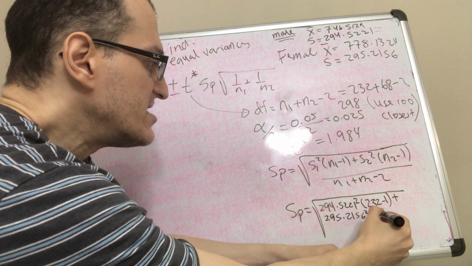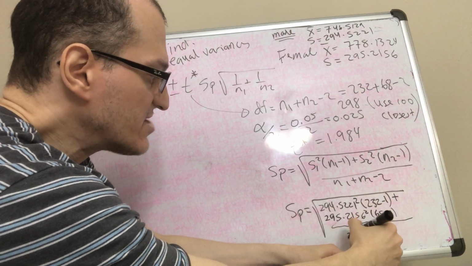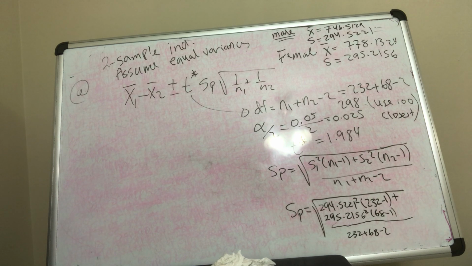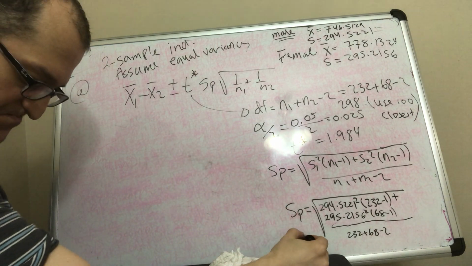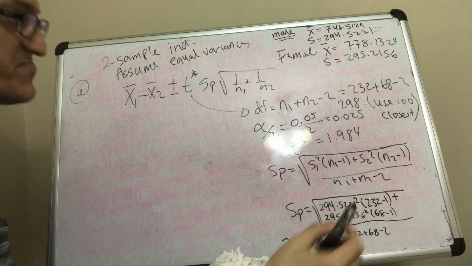You square, and the sample is 68 minus 1, over the first sample plus the second sample minus 2. So SP in this case would be 294.6782.